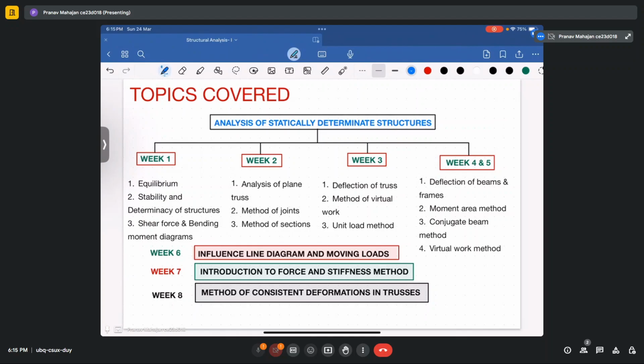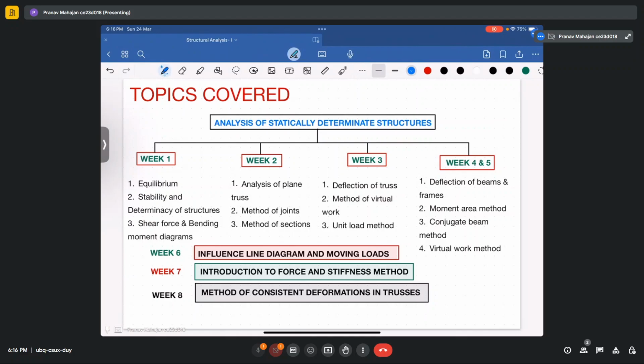In influence line diagram, we utilize Mueller-Breslau's principle, in which we will see how the reactions, shear force and bending moment are varying along the length of the section due to the movement of moving load along the length of the beam, and how we can equivalently distribute the moving load at a particular joint to determine the maximum bending moment and shear force at that particular joint.